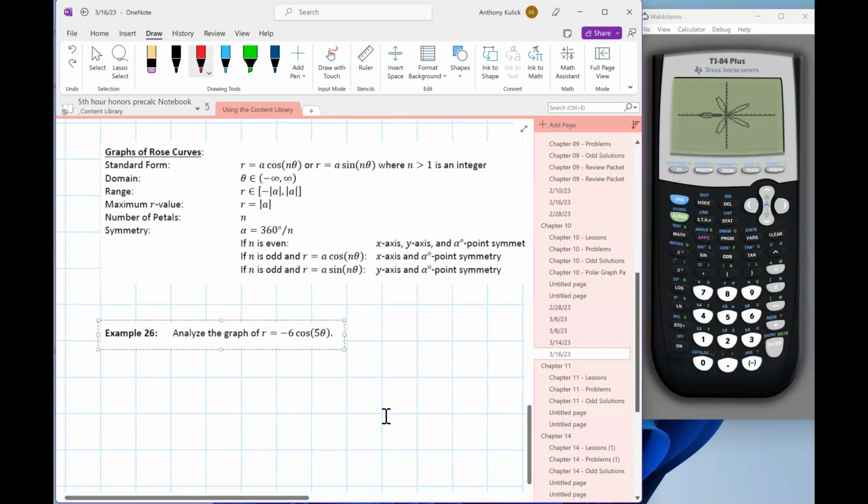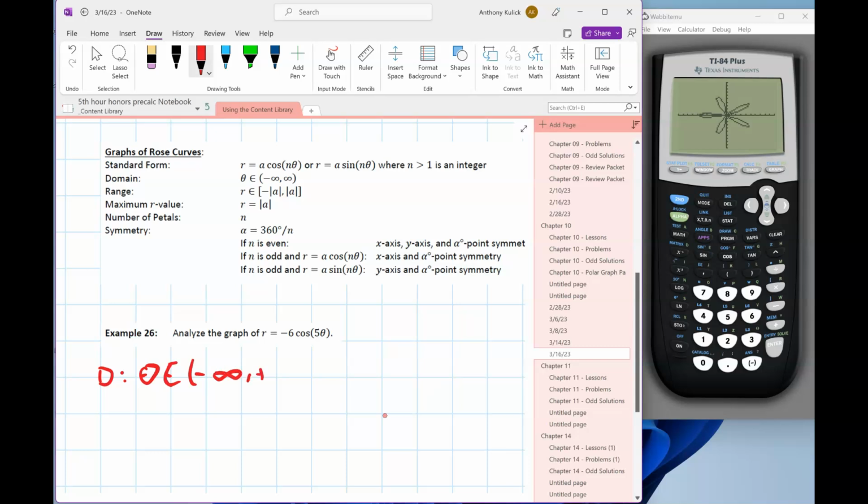Okay. What's the domain going to be? It's a rose curve, so I know it's always all real numbers. What's the range going to be? It's going to be -6 to 6.